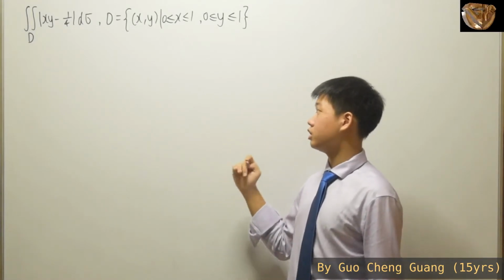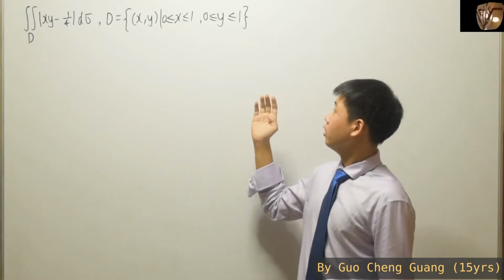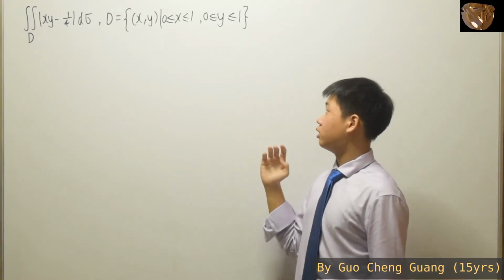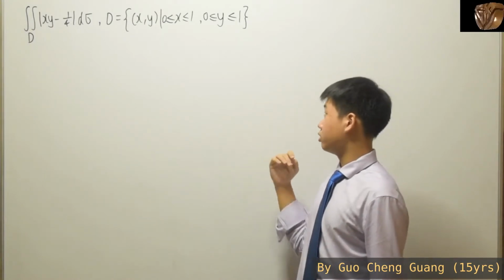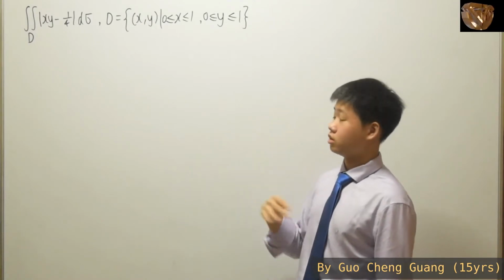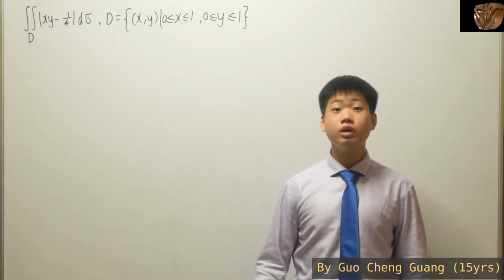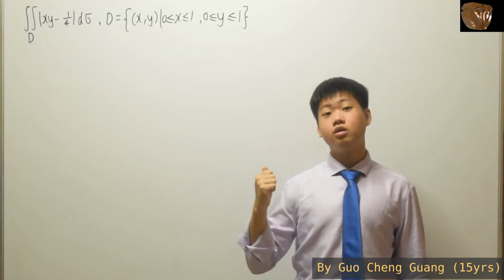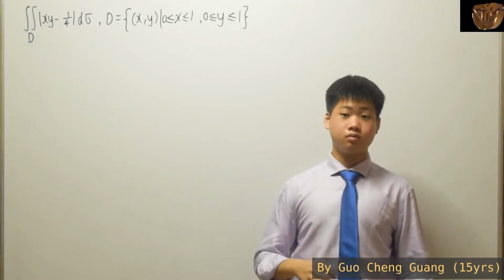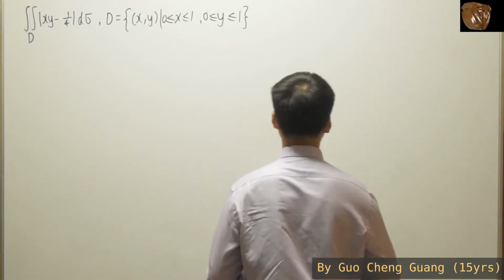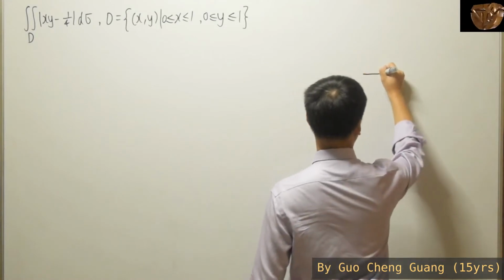And this integration is done over x greater than or equal to 0, smaller than or equal to 1, and y greater than or equal to 0, smaller than or equal to 1. So firstly, can you imagine this boundary? It should be rather simple to imagine.